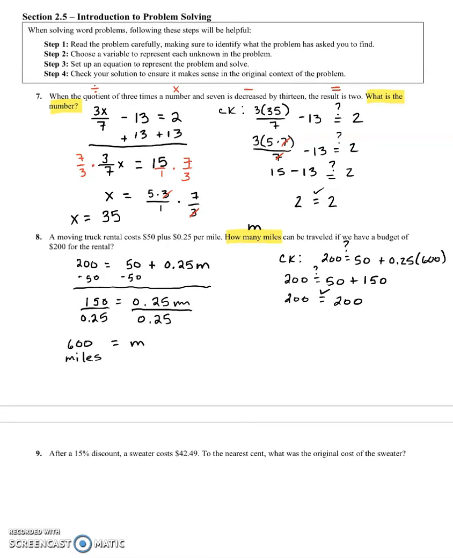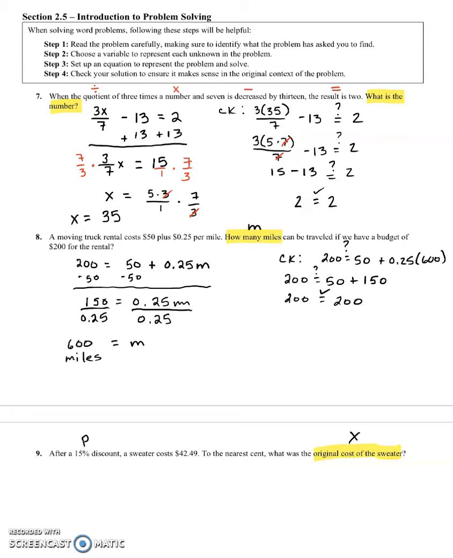Okay, let's look at number 9. After a 15% discount, so this is a percent, a sweater costs $42.49. To the nearest cent, what was the original cost of the sweater? So we need the original cost. Let's call the original cost, I don't know, let's just call it X. How's that?